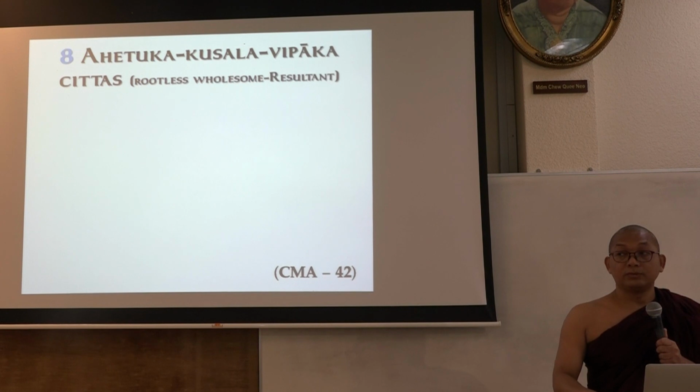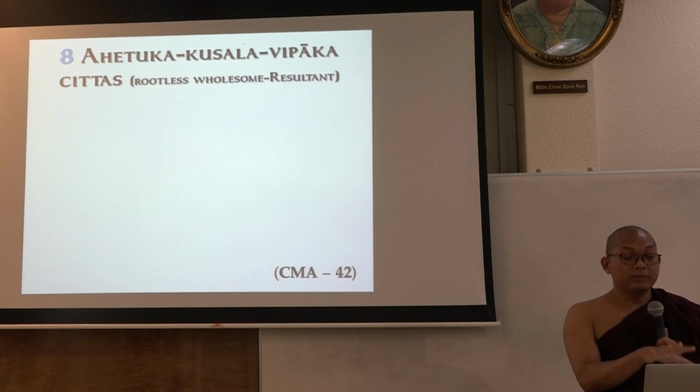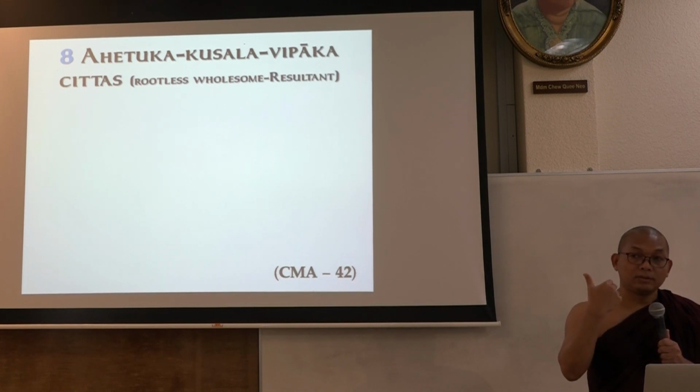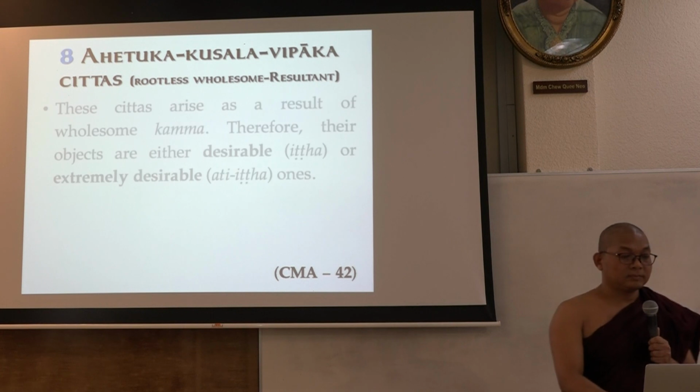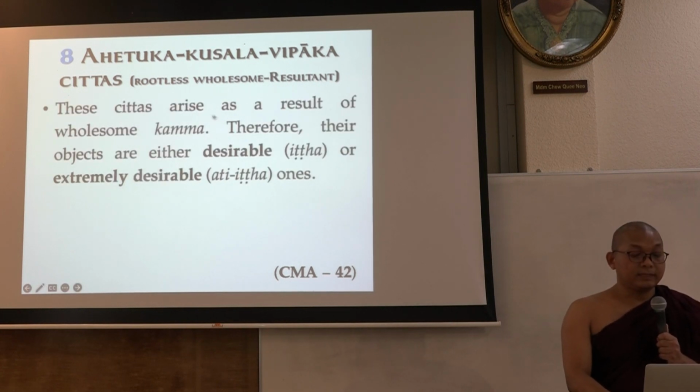These are roots, right? Sahetuka. But here, even though they are kusala vipaka, they are without root. The moment these eight cittas arise, there's no root, no lobha, dosa, moha or alobha, adosa, amoha. These cittas arise as a result of wholesome karma.